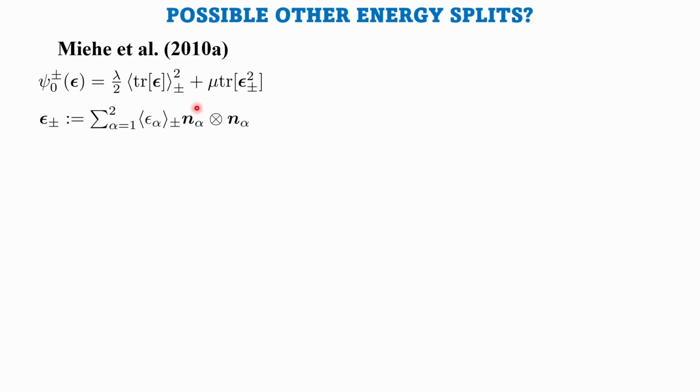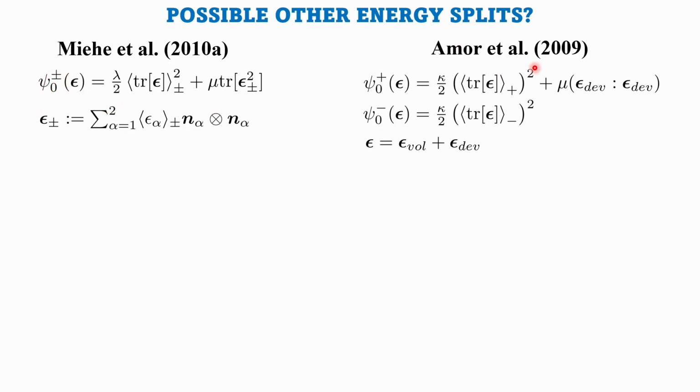So we had this energy split by Miehe that I talked about, I think, in my second video. You can take a look at it, where we split this psi 0 into plus and minus. So Amor suggested one more energy split.